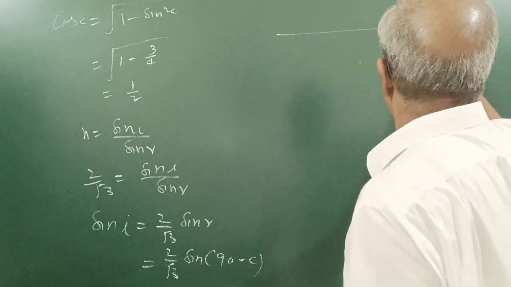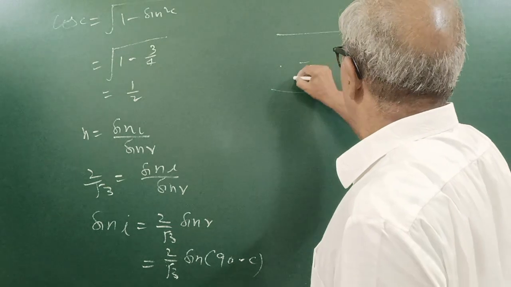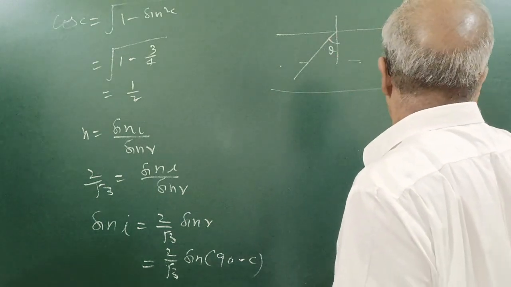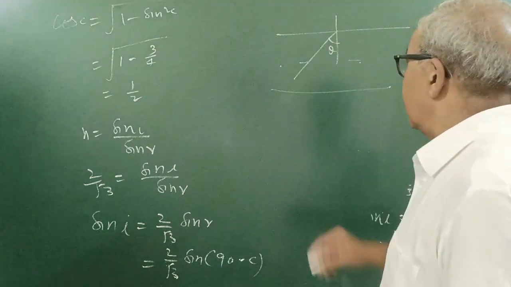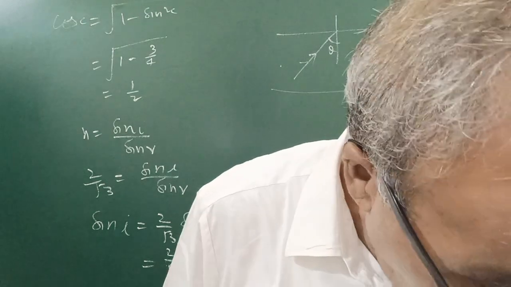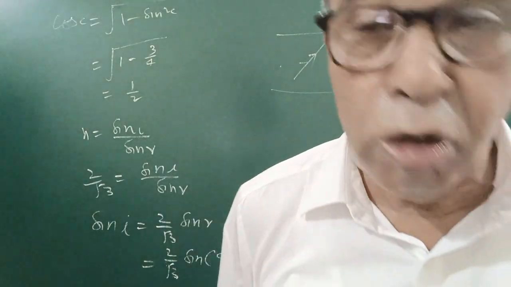Here is water, and from water the light goes into air, this angle theta less than critical angle. So here they are asking, the first option is: there will be only a reflected ray and no refracted ray.